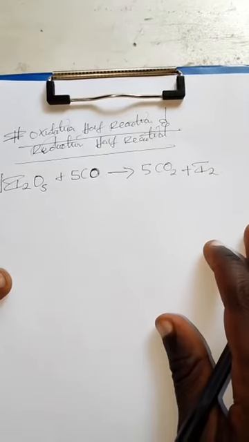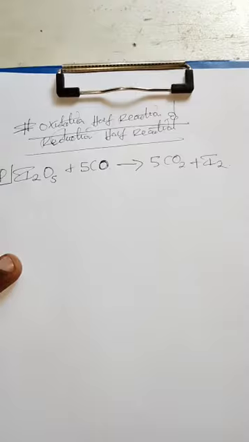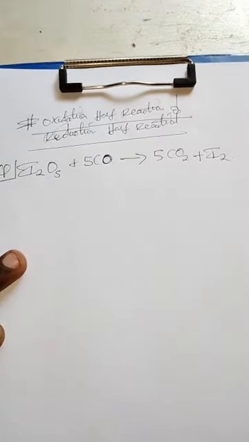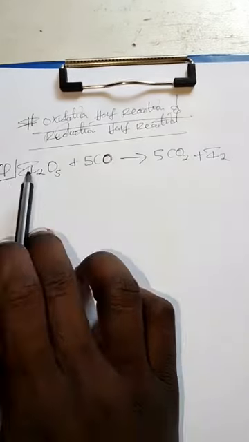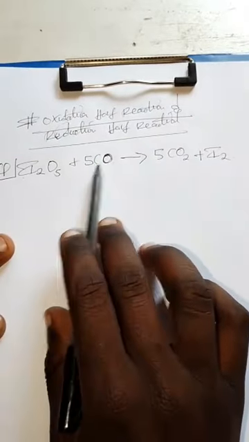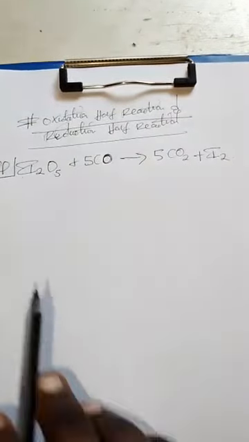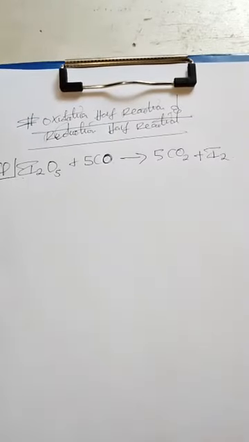Okay, so the first thing that you need to do is find the oxidation number of each of the elements. So let's find the oxidation number for this one, and we see what we are ending up with. We also do it for this one. Then you isolate the oxidation half reaction and the reduction half reaction. From there, that's when you can start balancing the acidic media and the basic media.